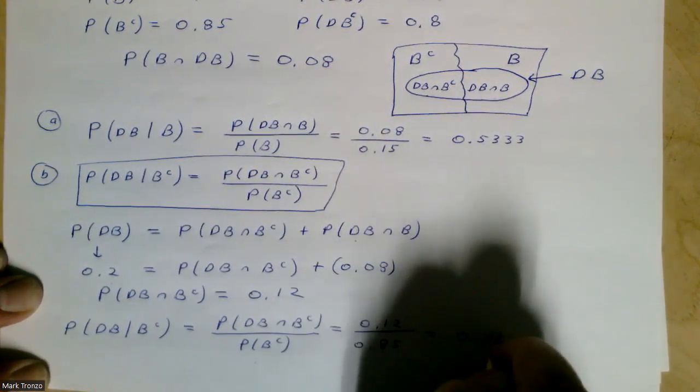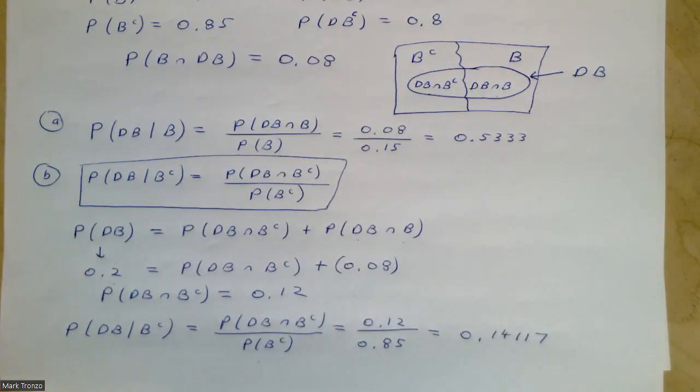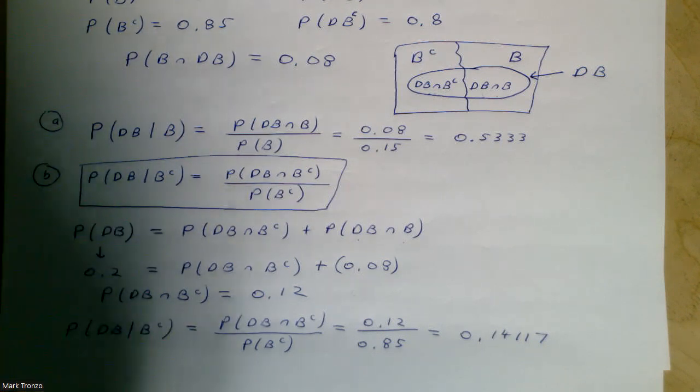That gives 0.14117. So that's the probability that the drive belt needs replaced given the blade is not damaged.